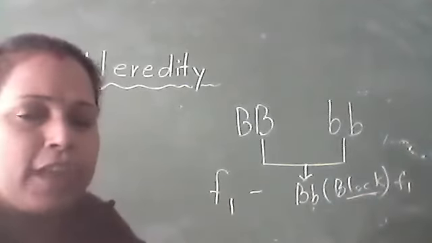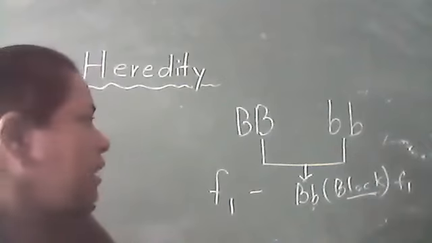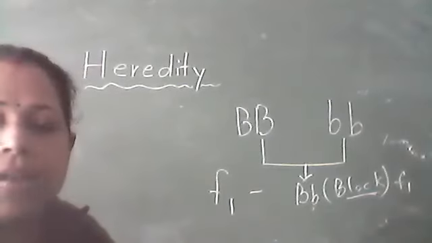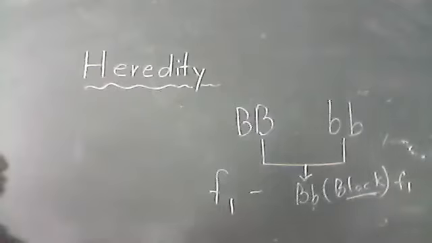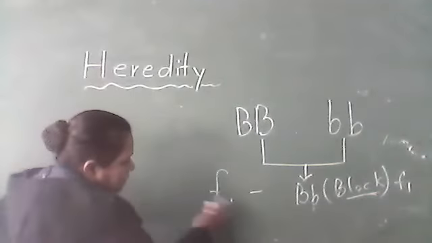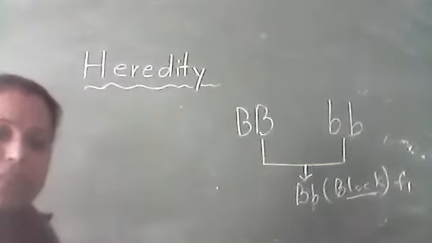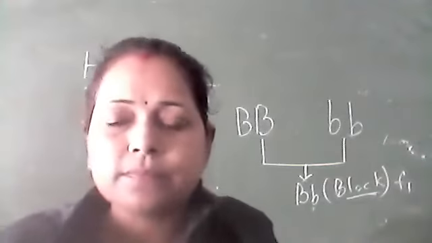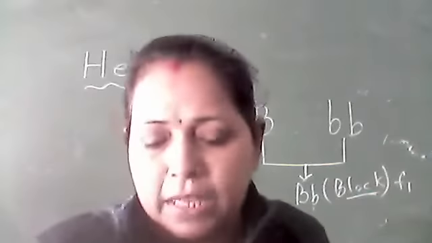In the F2 generation, what are we going to get? In the F1 generation, I am showing you that black color is the dominant one. Now, what are we going to get in the F2 generation? F2 generation में क्या मिलेगा हम लोगों को?